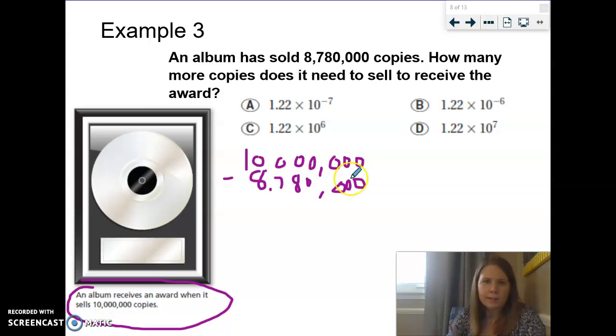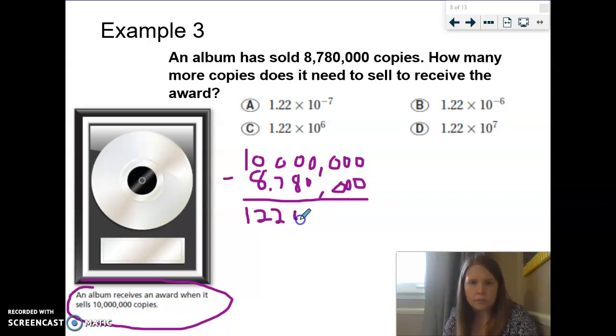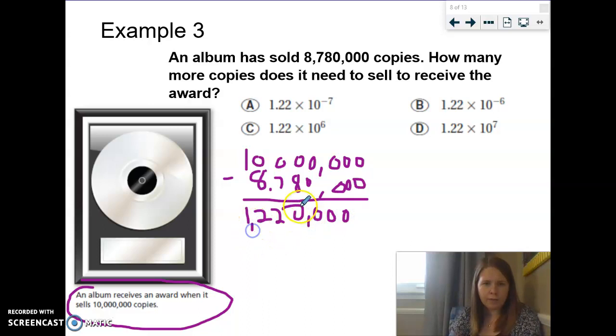All right. Looks to be that I get an answer of 1, 2, 2, and then I've got 4 zeros. So adding back in my commas then, it looks like I'm left with 1,220,000 copies left.